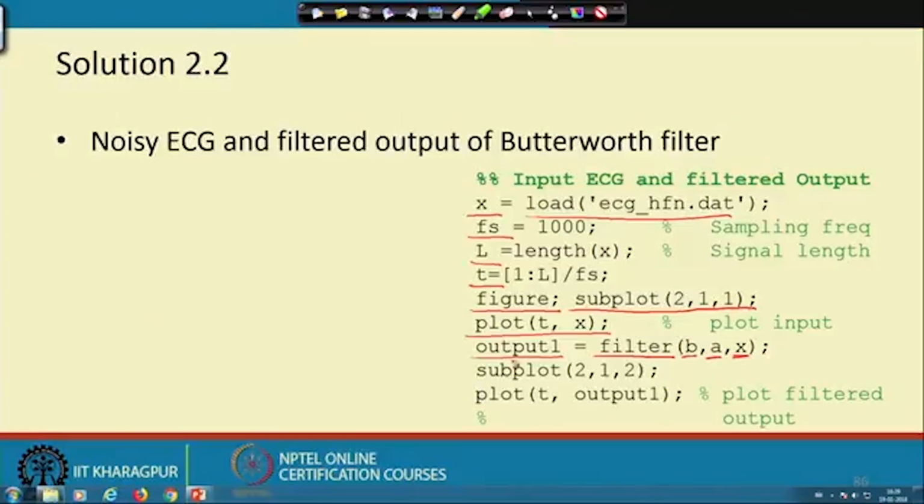So, the output termed as output 1, we plot in the next slot, or the lower half of the figure, using the command t comma output 1. Okay. So, these are the commands to use.